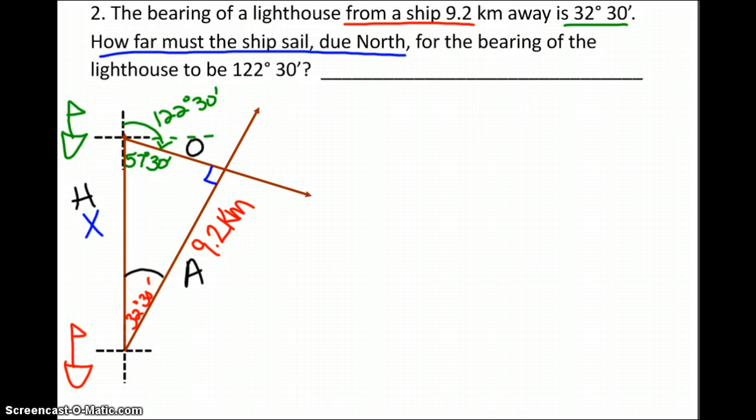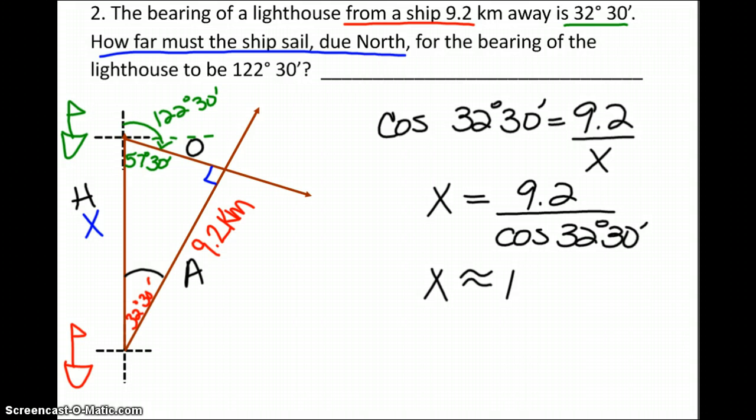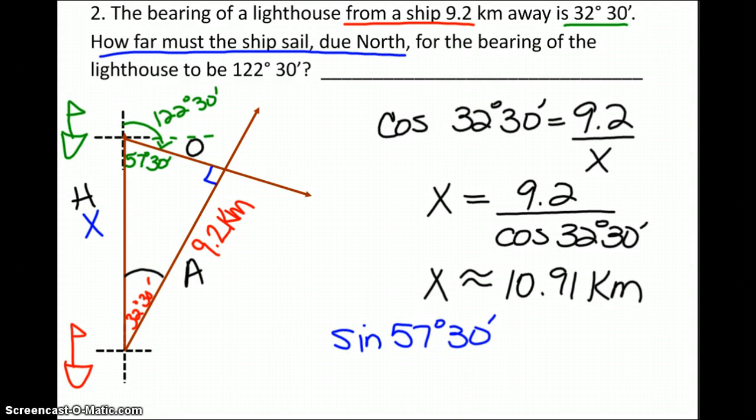So I can now use the cosine of 32 degrees 30 minutes is equal to 9.2 over x. Variable is down, so I need to divide 9.2 by the cosine of 32 degrees 30 minutes, and x is approximately 10.91 kilometers. Again, if you use the other reference angle, the sine of 57 degrees 30 minutes is 9.2 divided by x, and you'll still get x is the same.